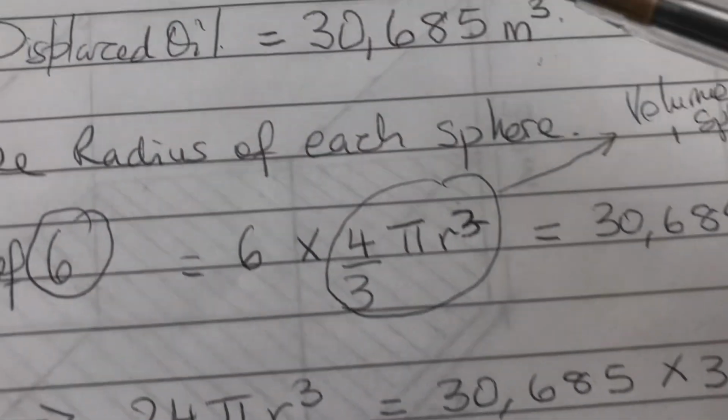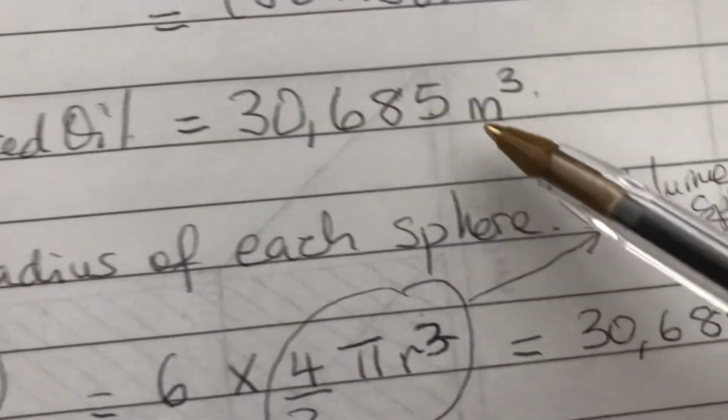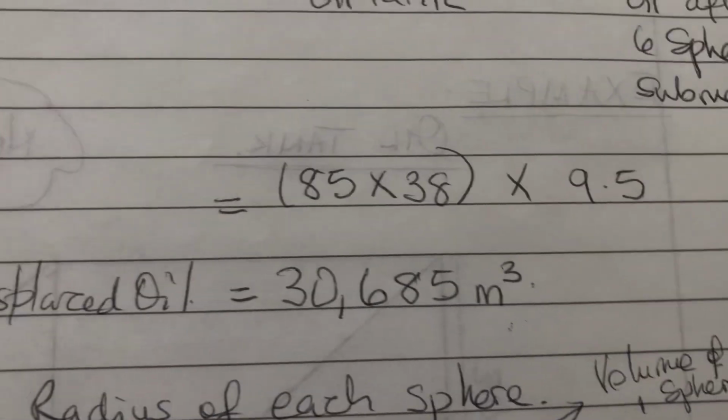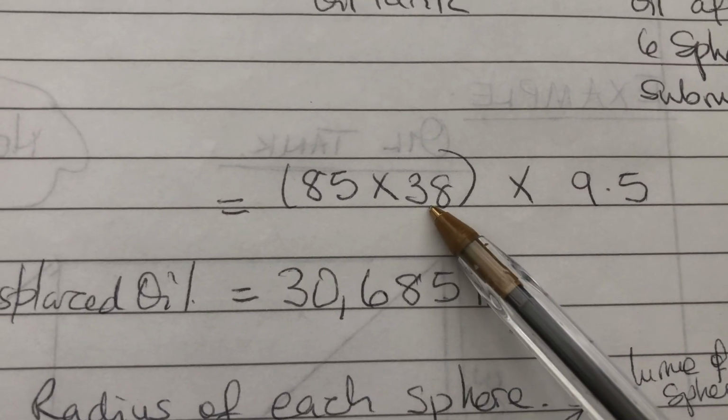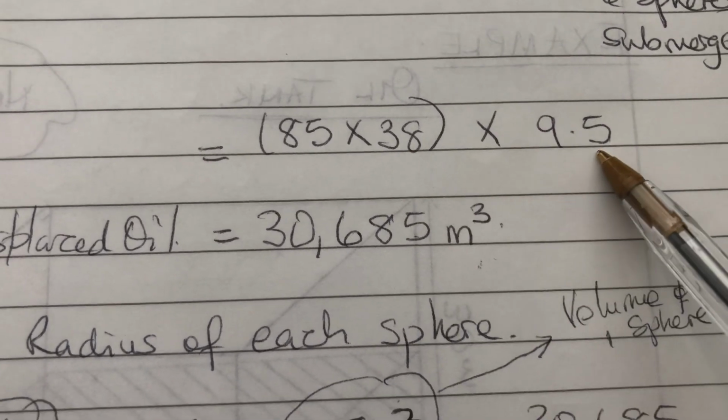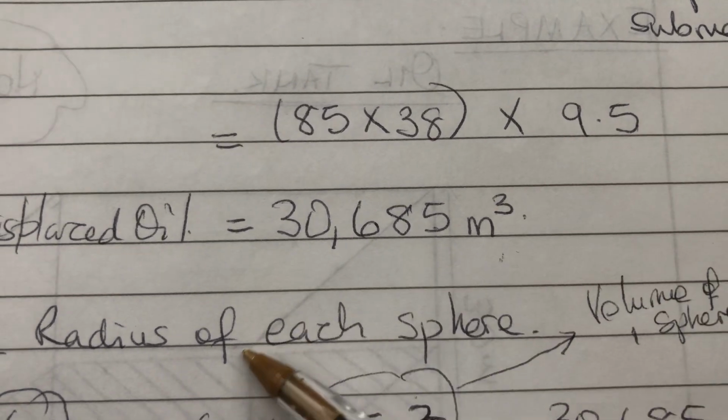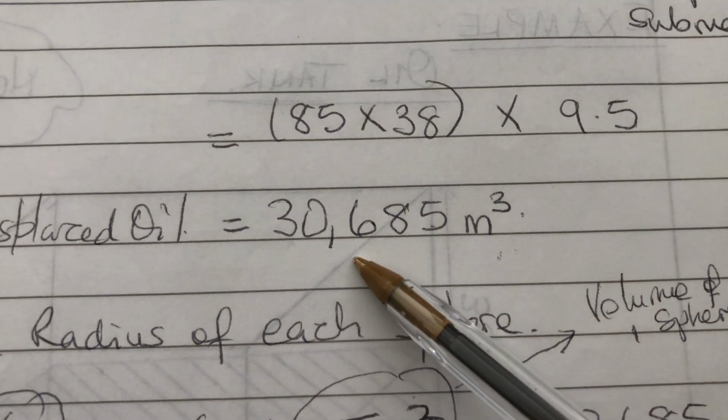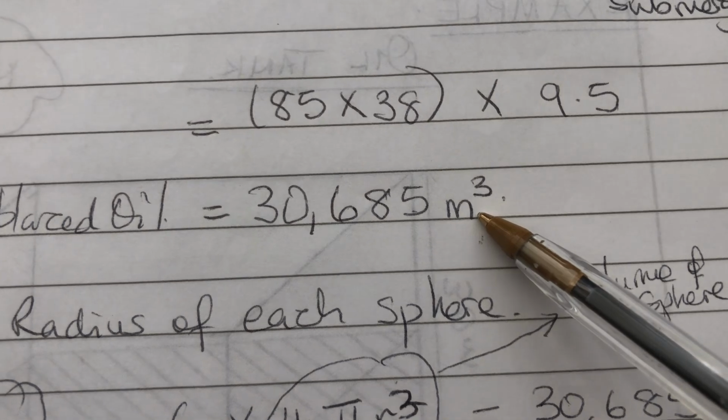So when you do that accurately on the calculator, 85 times 38 times 9.5, you are going to get 30,685 meters squared.